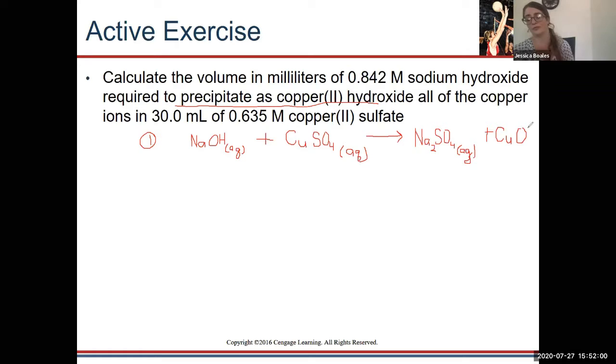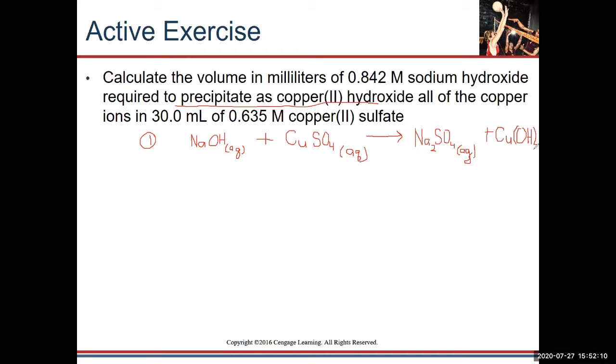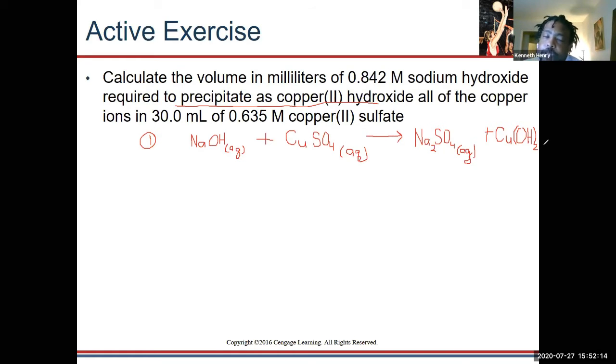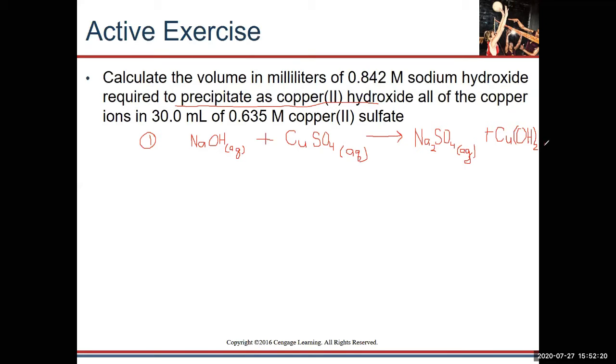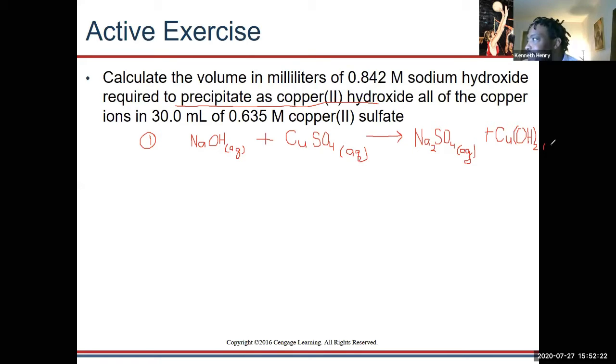OH, okay. 2. Okay. All in parentheses, both of them, or just the OH and 2? The OH. Okay. And is that solid, liquid, or gas, or aqueous? Solid. Okay.